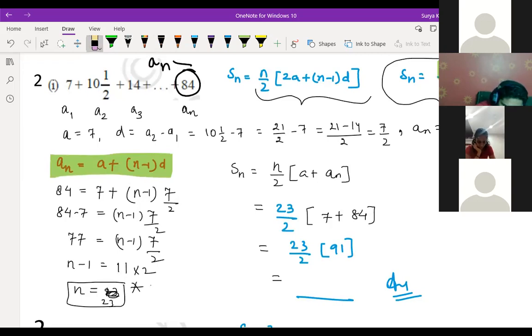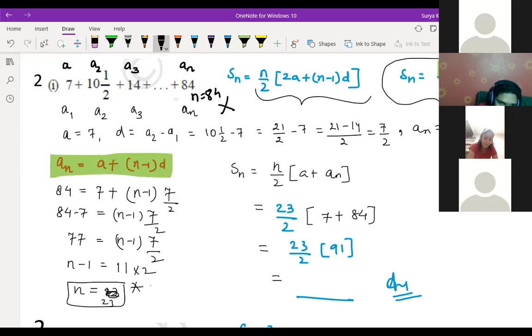Try to identify n and an. So don't confuse here. This is your first term. This is your second term. This is your third term, and this is your last term, that is an. Don't write here n is equal to 84. This is wrong. This is the term, not the counting thing.